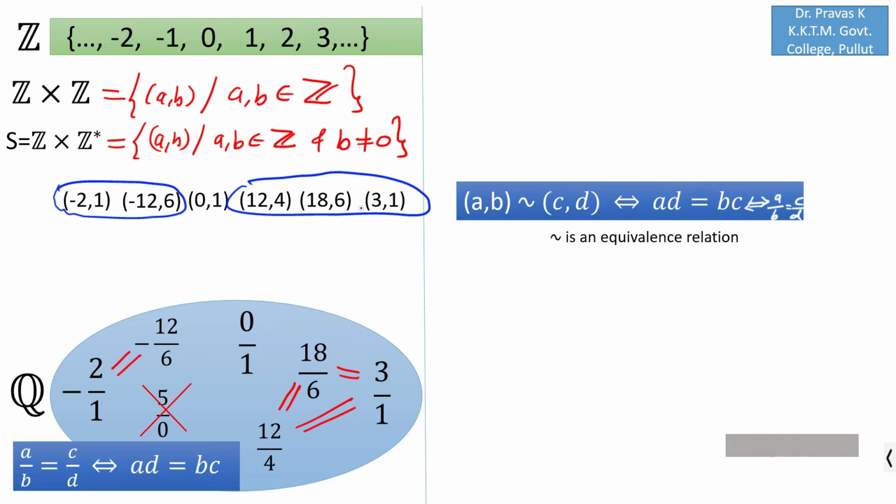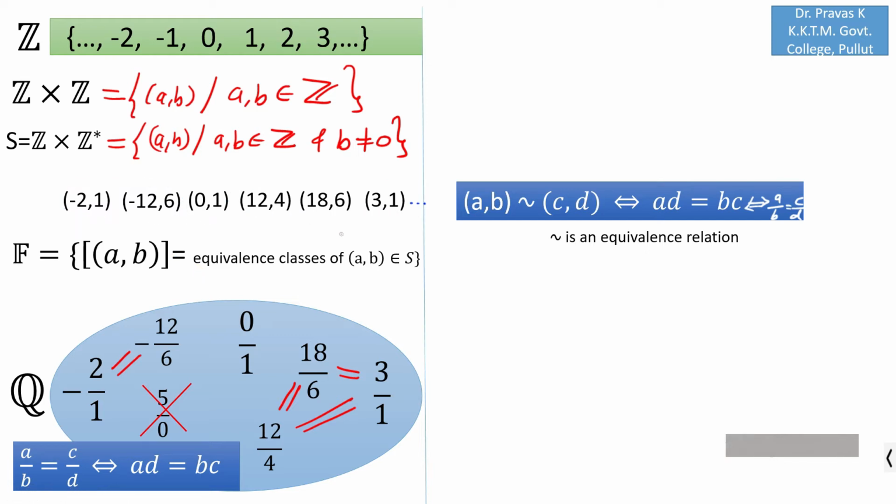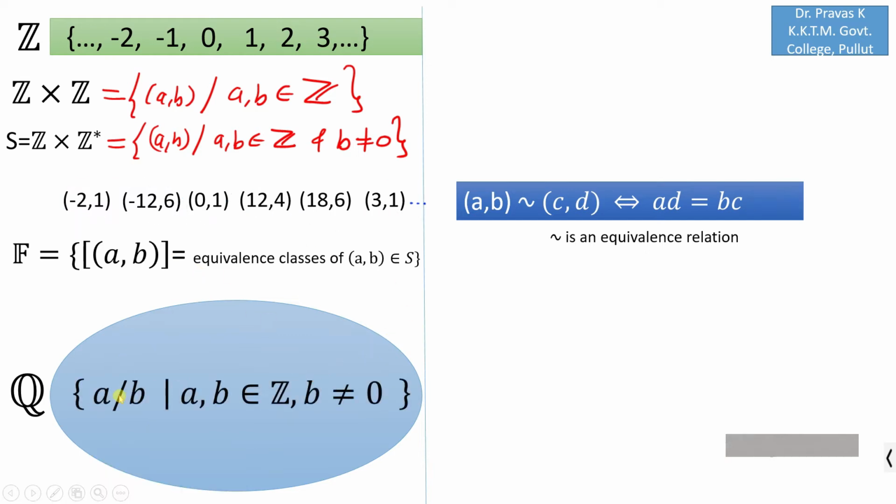We denote the equivalence class corresponding to an ordered pair (a, b) with the square bracket [(a, b)], and let F be the collection of all equivalence classes of ordered pairs (a, b) in S. When two rational numbers are equal, the equivalence classes of the corresponding ordered pairs are equal. Now it makes sense to identify the equivalence class of the ordered pair (a, b) with a over b, the quotient of the integers a and b.